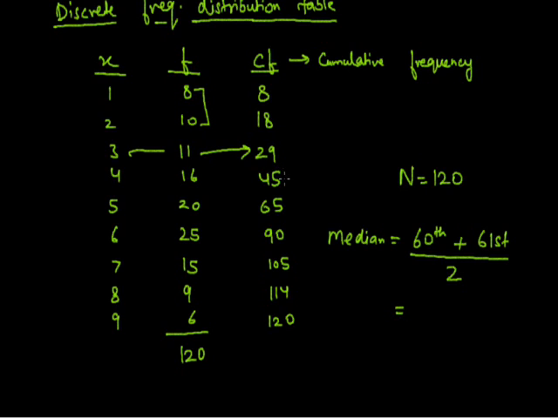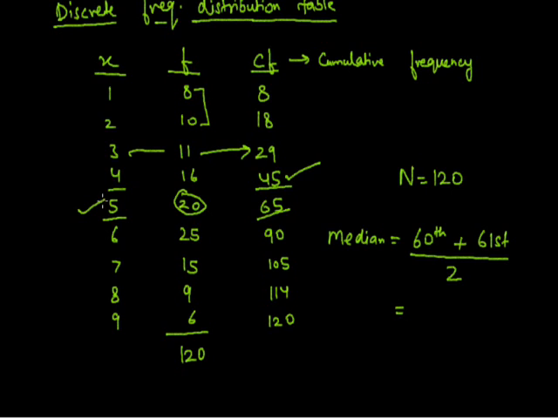If you see, up to 45 observations, that is the 45th observation, exist up to 4, and after this 4 there are 20 more observations of 5. It means we have added 20 to 45, so it becomes 65, that is, up to the 65th observation exist up to 5.